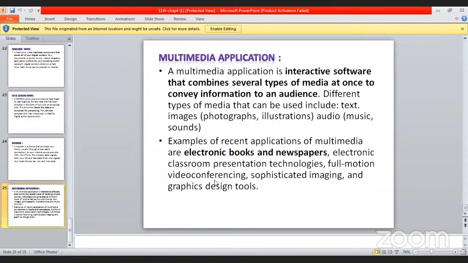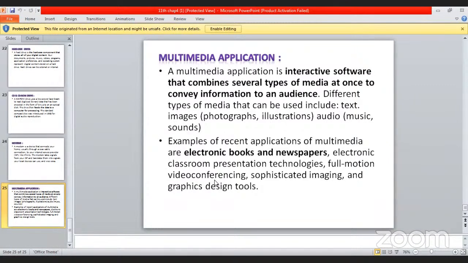includes the text, images, मध्ये काय ते फोटोग्राफ्स वगैरे सगळं, ऑडिओज मध्ये येतील म्युझिक साऊंड. फॉर एक्झाम्पल काय येईल मल्टीमीडियाचं? द रिसेंट ऍप्लिकेशन ऑफ मल्टीमीडिया आर इलेक्ट्रॉनिक बुक्स अँड न्यूजपेपर as well as electronic classroom presentation technology.